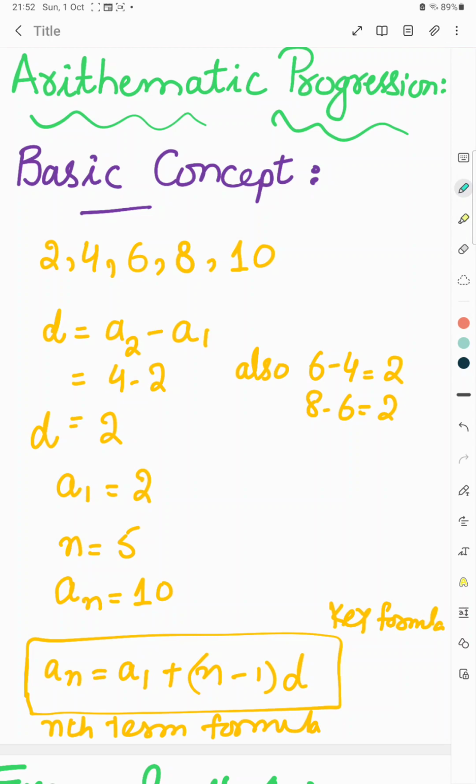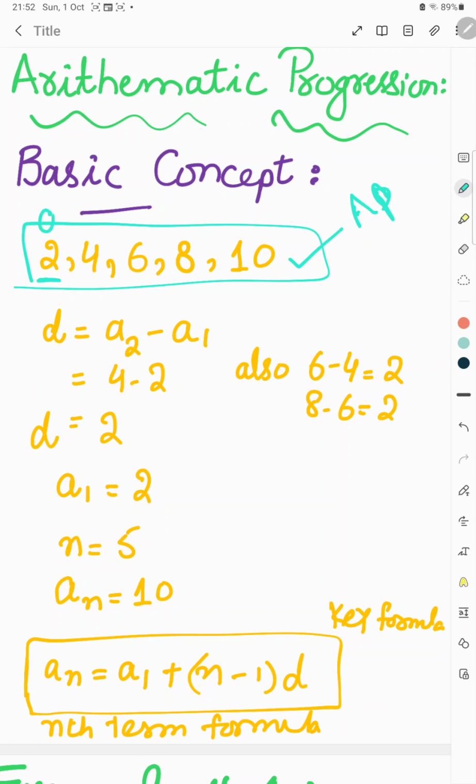For example, here this arithmetic progression is given. Now how do we know that this progression is an arithmetic progression? For this we will check the difference between the terms. Here the first value of this progression is called the first term of the sequence. The second term is represented by A2.